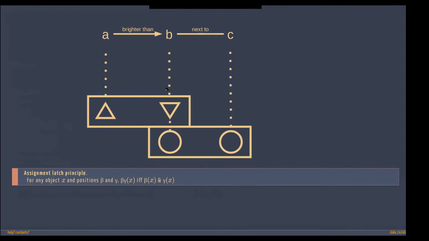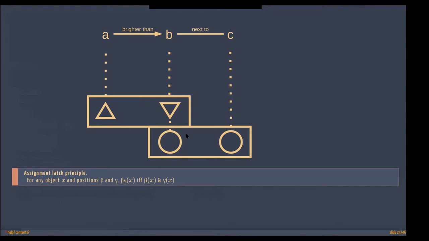Because if you flip the perspective, to get a state where two relations are concatenated, snapped together, or linked together as they are in this state, we would have to say that we want an arrangement with layers of relations. What's going on is that the object that is assigned to one position of one relation has to be the same object that's assigned to a position of this other relation.